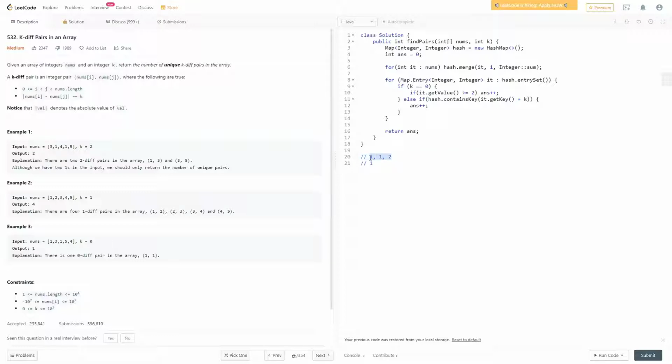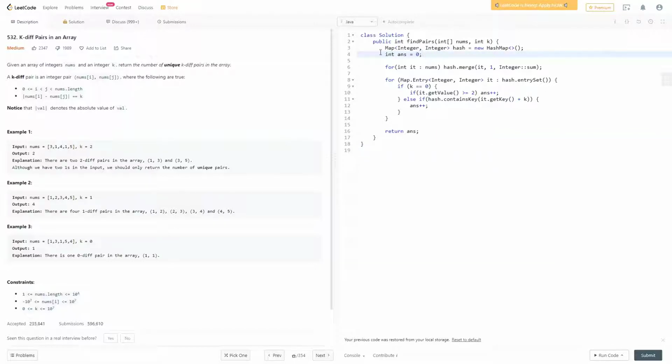So both of them make 1, so the total number of pairs is 2, but we need to find unique ones, so the answer would be 1. Because if you check, the pairs are 1 and 2, and the other one is also 1 and 2. So we need to avoid this, we need to consider just one. That is one observation here, and let's see the code.